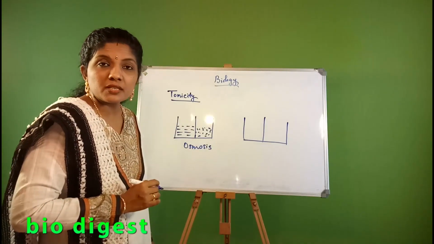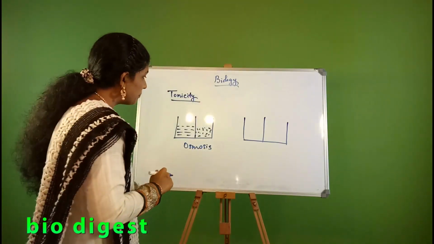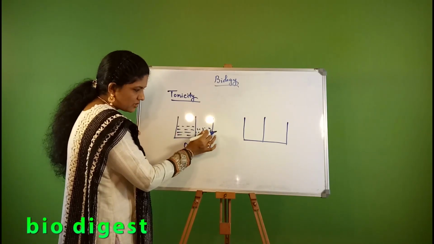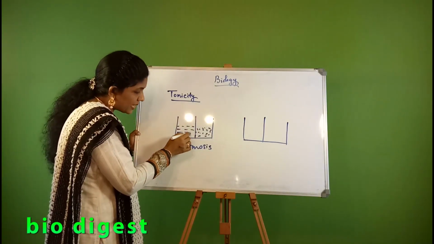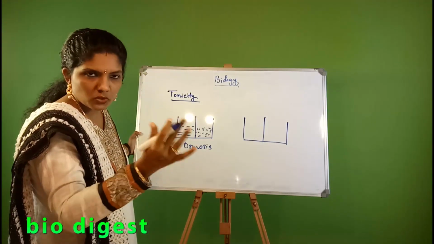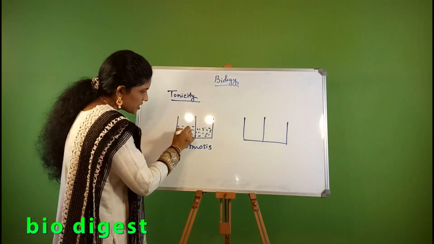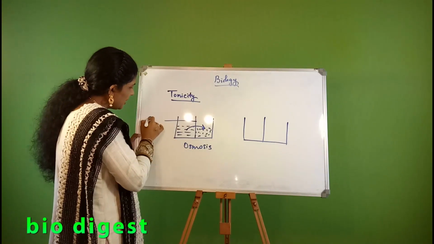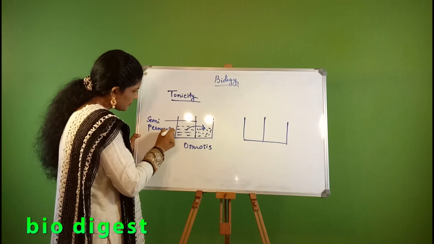In osmosis, actually the diffusion of water across a semi-permeable membrane is taking place. Okay, so this is one solution, this is another solution. The diffusion of water molecules across the semi-permeable membrane, that is what is known as osmosis. The water always moves from the region of its higher concentration to the region of its lower concentration through this semi-permeable membrane. It is what is known as osmosis.